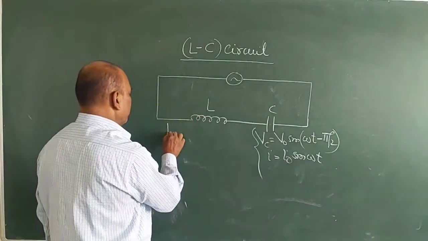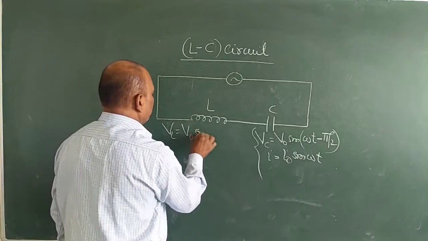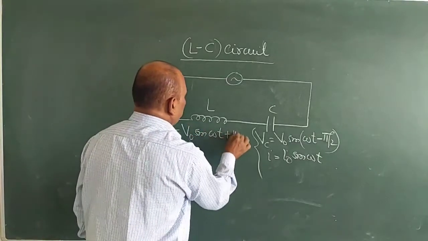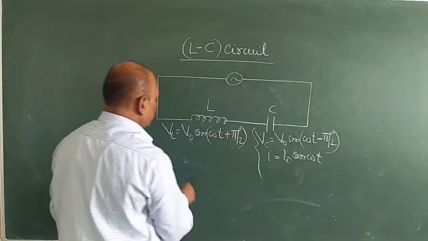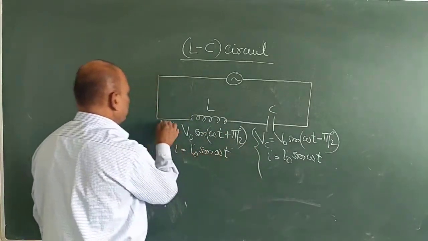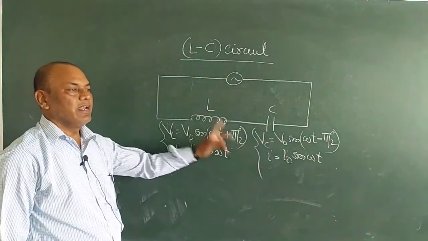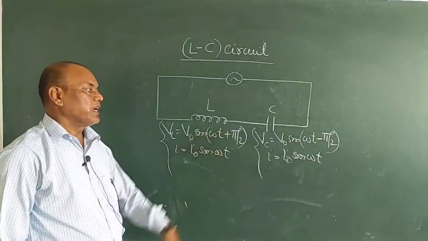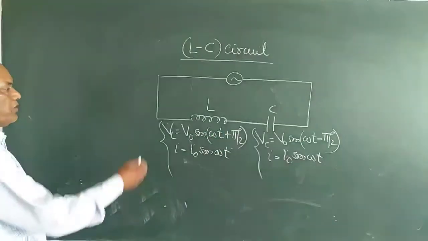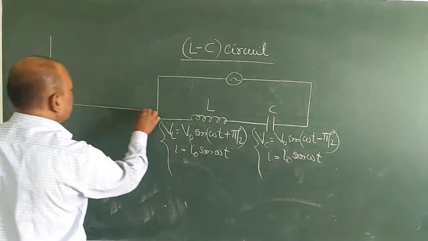In the case of an inductor, VL is equal to V0 sin(omega t plus pi by 2) and I equal to I0 sin omega t. In this case, voltage leads the current by 90 degrees. So, drawing the phase relation between L and C, we have this type of relation.